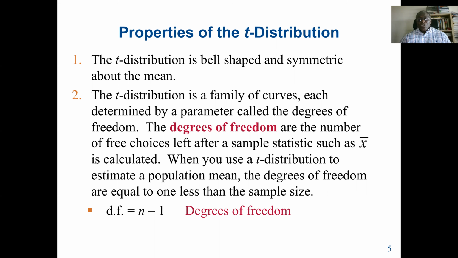Degrees of freedom are the number of free choices left after a sample statistic such as x bar is calculated. And when you use the t-distribution to estimate the population mean, the degrees of freedom are equal to 1 less than the sample size. So degrees of freedom is always n minus 1. That is the sample size minus 1 will give us the degrees of freedom.